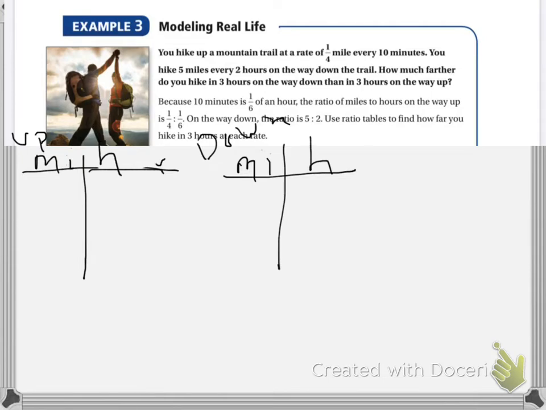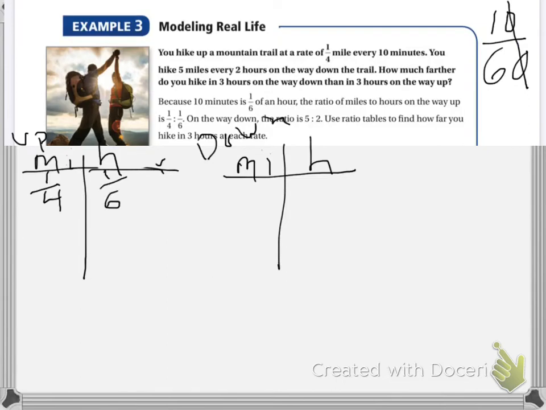Okay, so on my way up, what they're telling me is that we go 1/4 of a mile every 10 minutes. But this is in hours, so I'm thinking to myself, okay, 10 minutes out of 60 minutes. If I simplify this fraction of 10/60ths by dividing by 10, that's 1/6 of an hour.